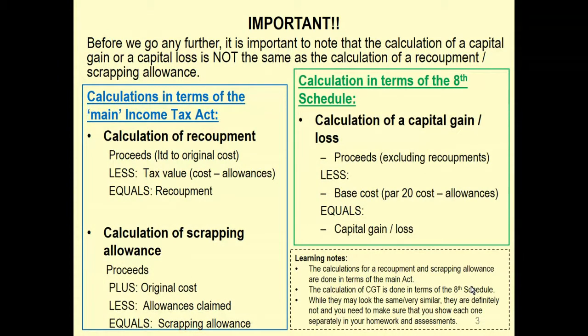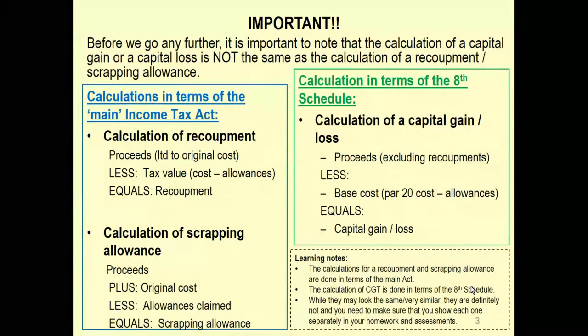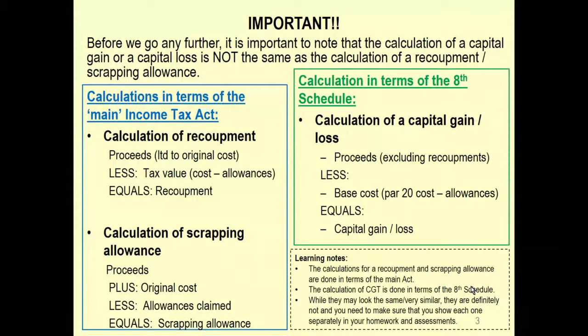Because you're going to do that using the main act rules, and only once you've done that are you now going to go. So for CGT, it's an extra calculation that's going to come in. We were going to calculate the effect of any possible capital gain or loss.